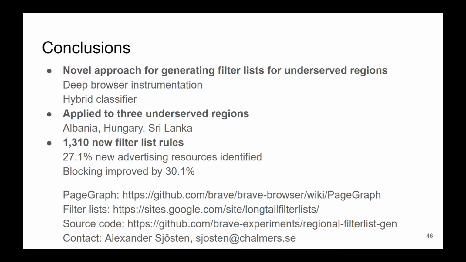We've applied this to three underserved regions, which is Albania, Hungary, and Sri Lanka, and in total we generate 1,310 new filter list rules. We identify 27.1% extra unique resources to be blocked, and the overall blocking across these regions improved by 30.1%. And everything we've done here is open source.